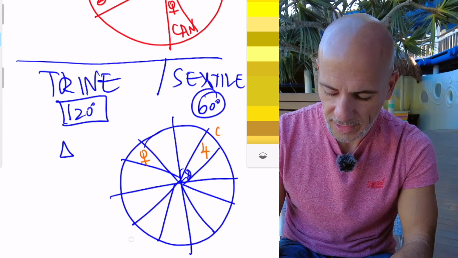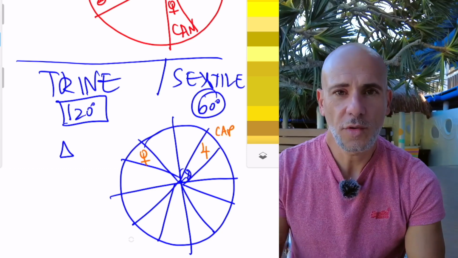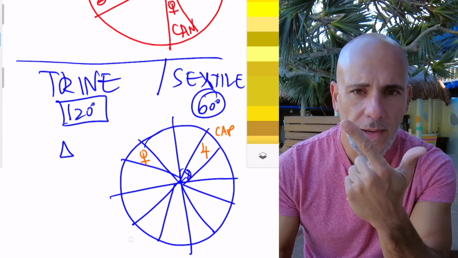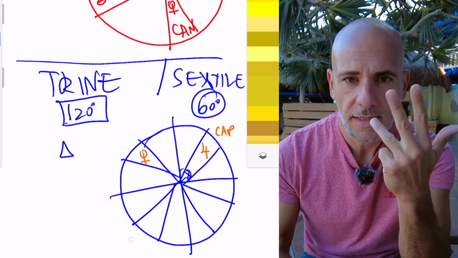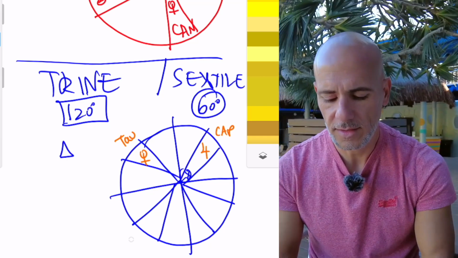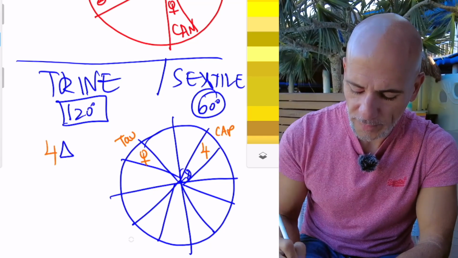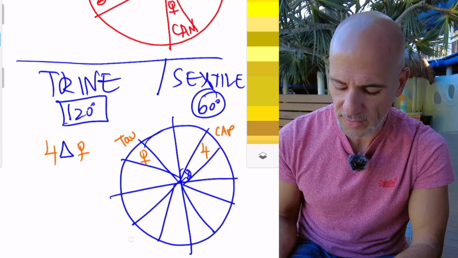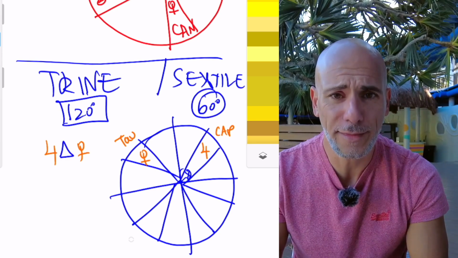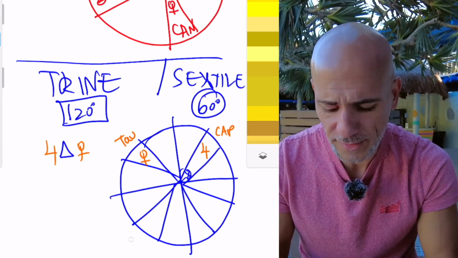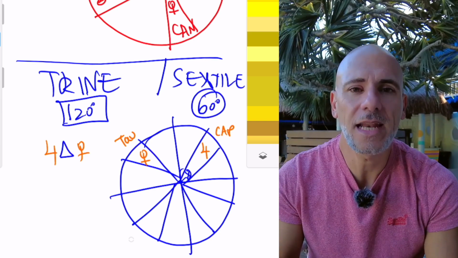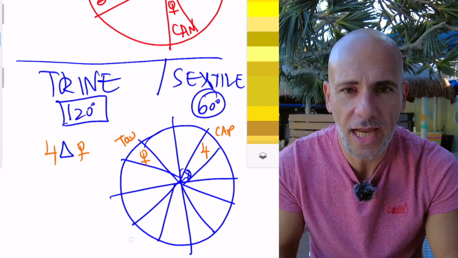For example, this is Capricorn. So 4 signs from Capricorn are Aquarius, Pisces, Aries, Taurus. So we can say that Jupiter is trining Venus. Then we look in the chart and see that both are earth element. Capricorn is earth, Taurus is earth, and those speak in harmony because they are related to the same quality.